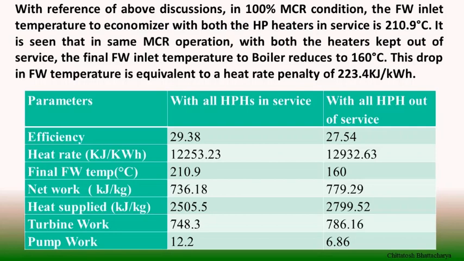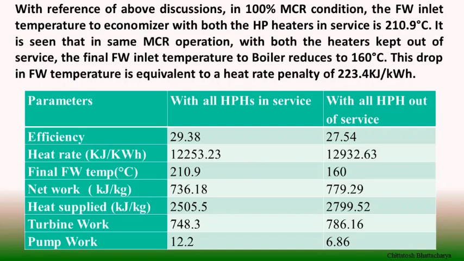There are some important parametric outcomes of this experimental analysis when we have both the feed water HP heaters available and when both the feed water HP heaters are unavailable at 100% MCR condition.